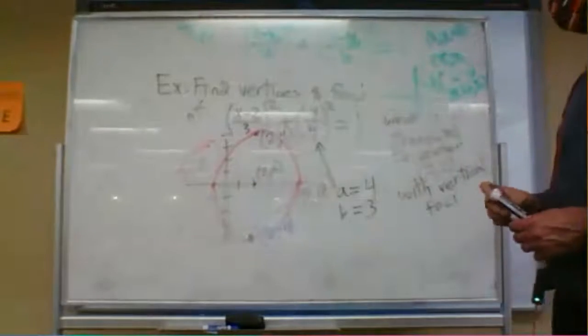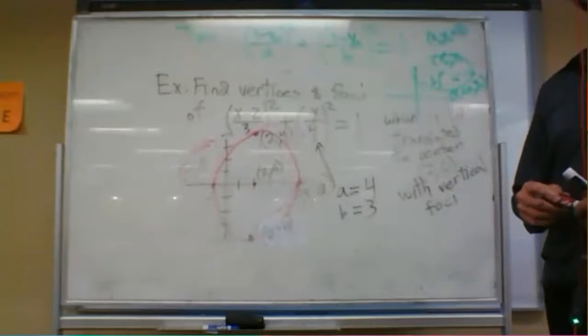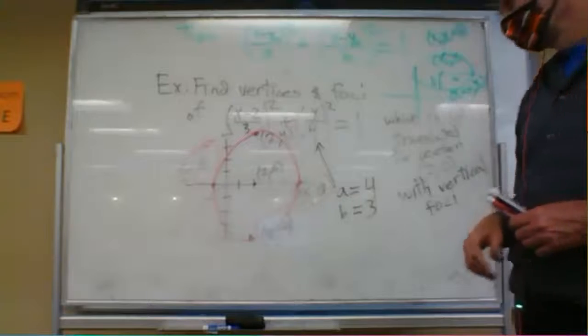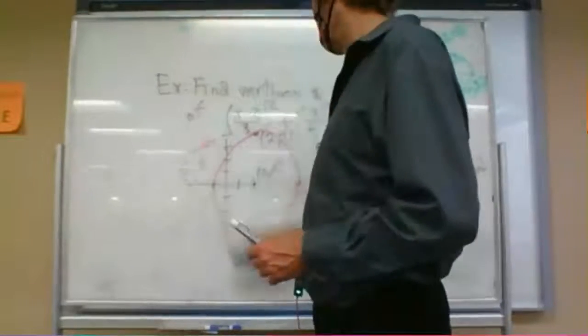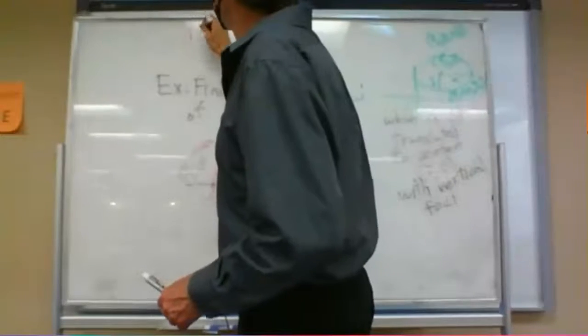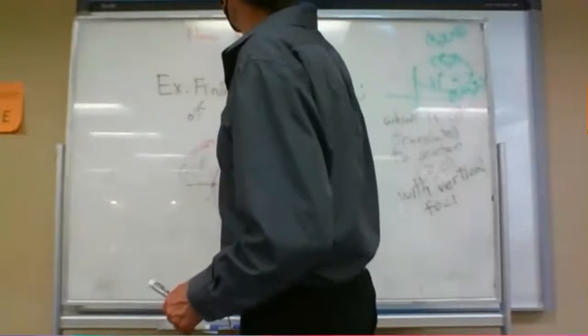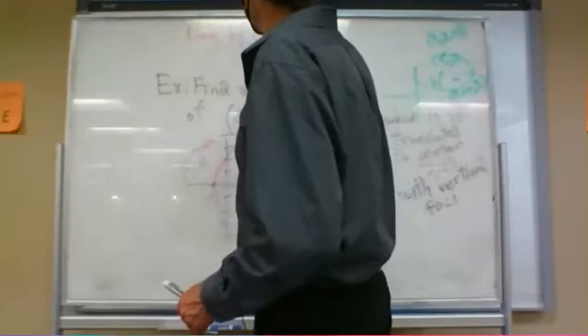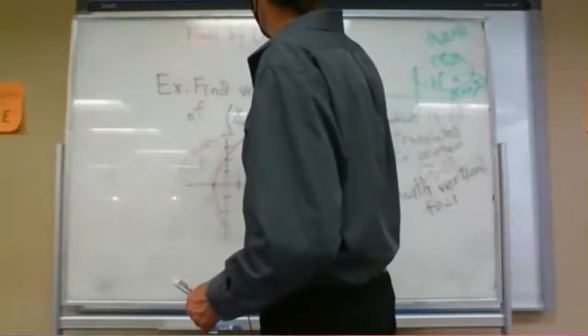All right. Now what about the foci? To compute the foci, I use that relationship between A, B, and C. A and B just come out of the equation, right? Here's A, here's B. A squared equals B squared plus C squared.